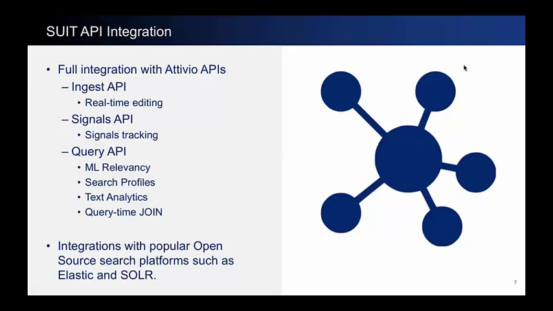We also have an integration with Elastic and Solr. You can imagine that not everything will be available there because those search engines don't support everything that we do, but it does give you the full breadth of everything that is available with those search platforms.